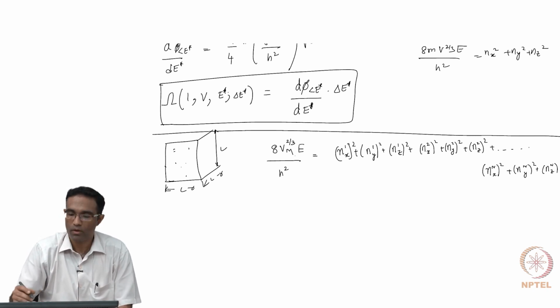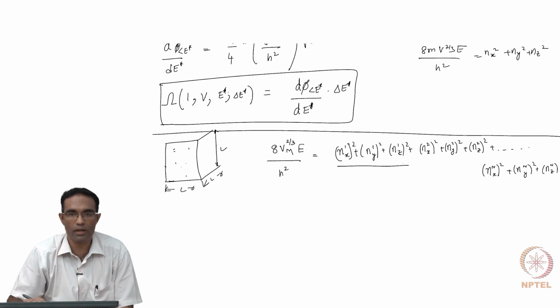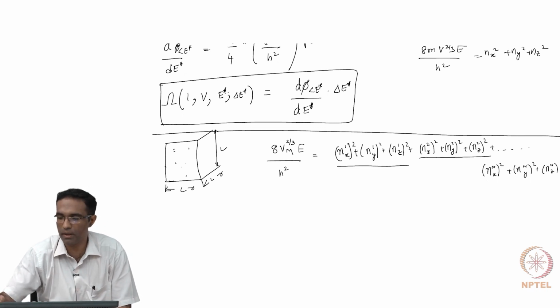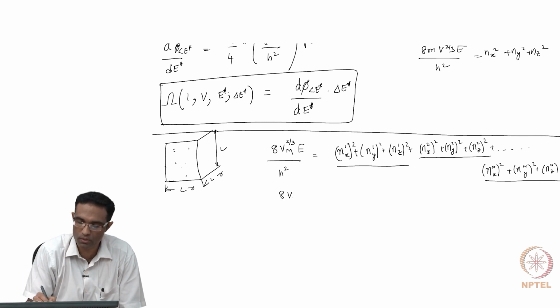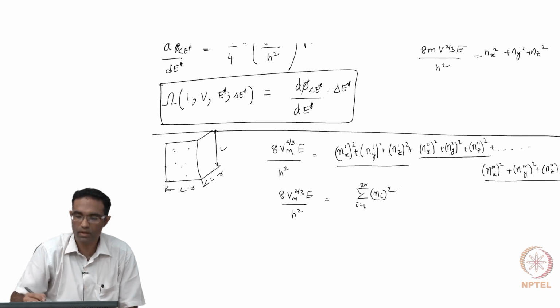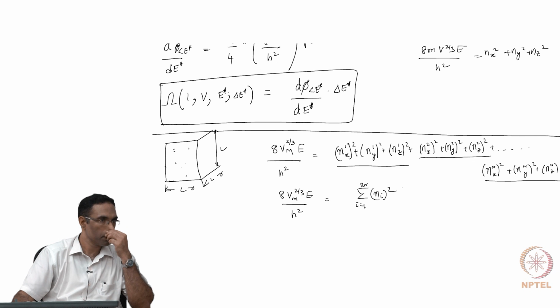Where this corresponds to particle 1, this corresponds to the second particle, this corresponds to the nth particle, and so on. So this reduces to some term that looks like this, right?